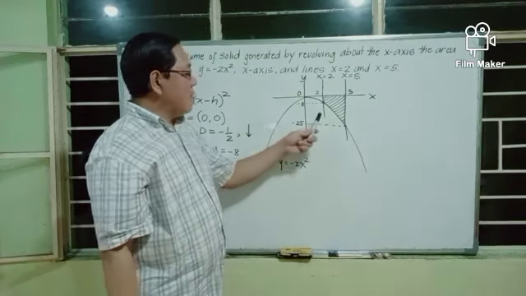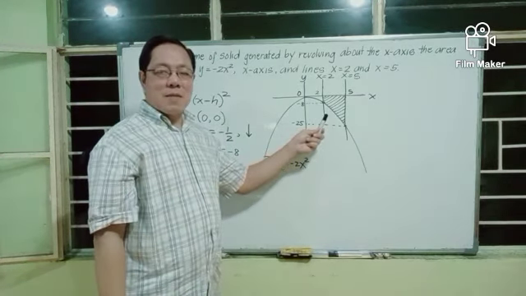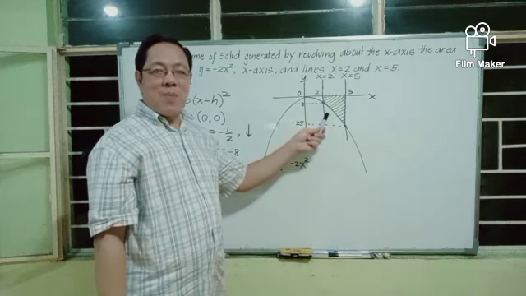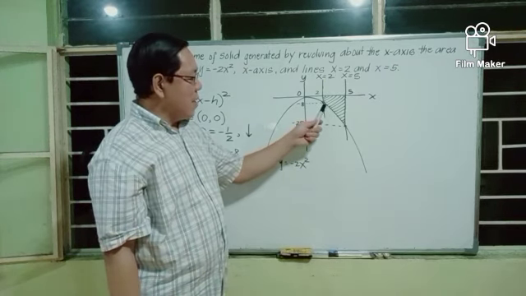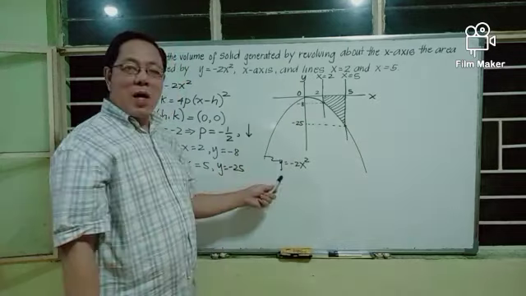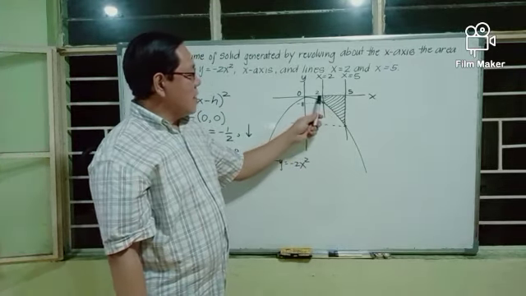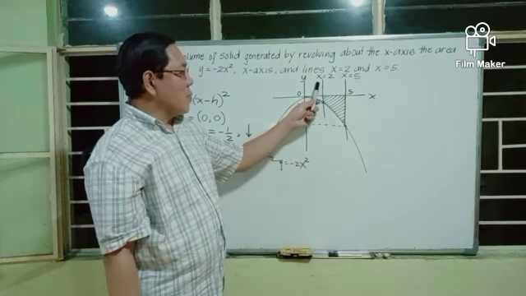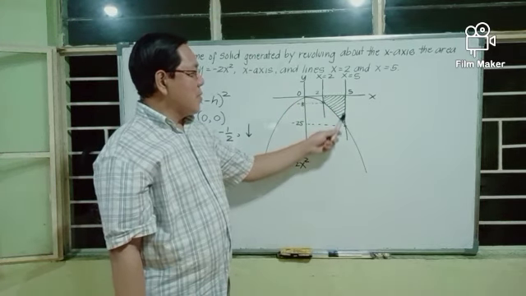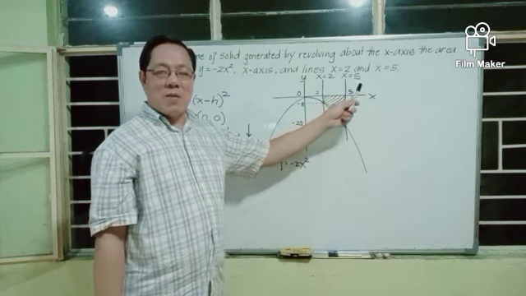This is the area that is required in the given problem. It's bounded by the part of the parabola with the equation y equals negative 2x squared, the x-axis, and the part of the line x equals 2, and this part of the line with the equation x equals 5.